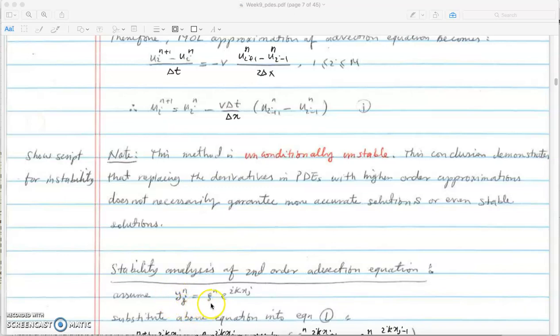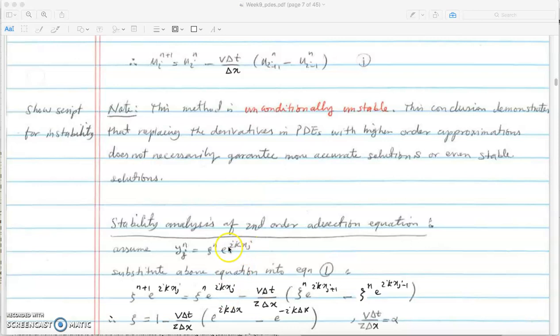We're going to replace this by some parameter c, which is the magnitude of the perturbation, raised to the n, which is the index of the time, and then times exponential of i, the imaginary number, times k, some integer number, and then times x_j, where the j is coming from the j in the x index. Alright, so I'm going to replace our u_j^n by this composite term.